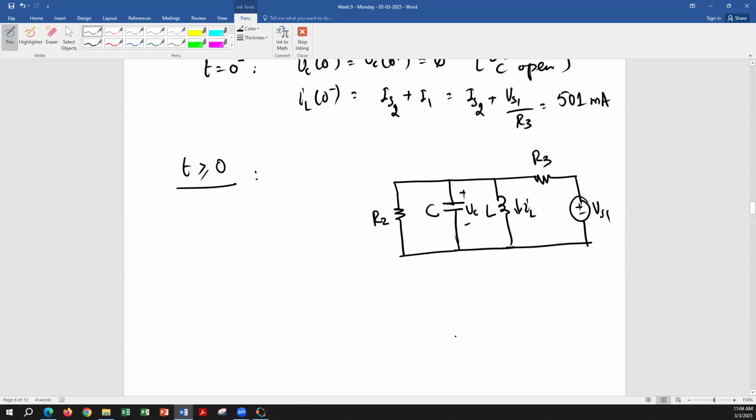Because for the natural response, as I've been repeating over and over again, you remove sources and you see how the circuit looks. When you remove the source, what's going to happen? Or they will be in series. Is the same current flowing through R3 and R2?